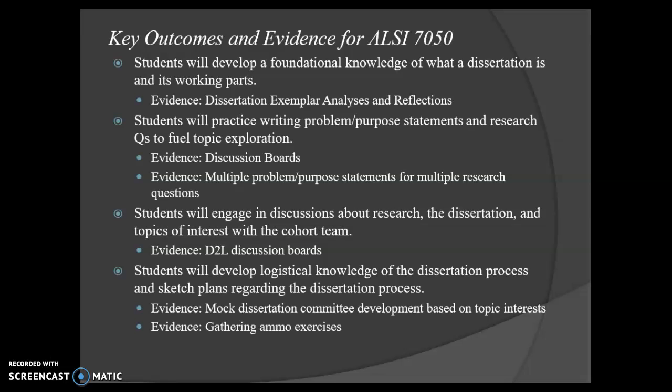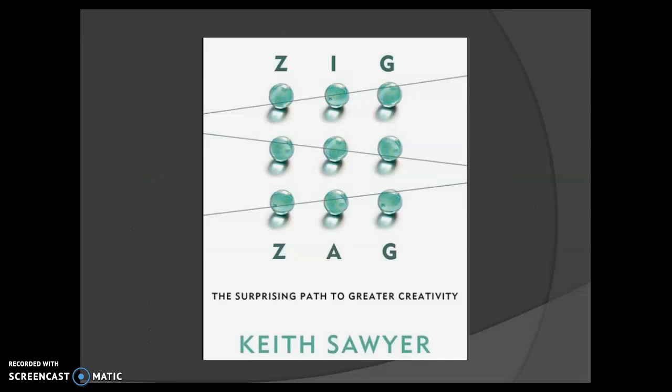Also, we want to gather ammunition for multiple topics so that we can move through the logistical stages with ammunition in tow from different quality research bases. And then finally, we will help you develop a timeline based on multiple graduation semesters, maybe an ideal timeline, and also maybe a backup timeline in case anything goes awry. And we know that it potentially will because the dissertation is such a zigzag, messy process.